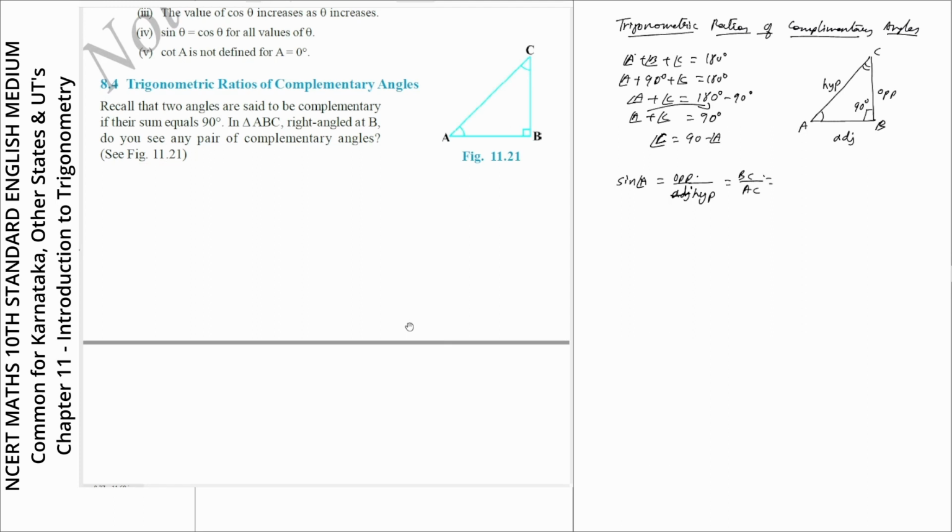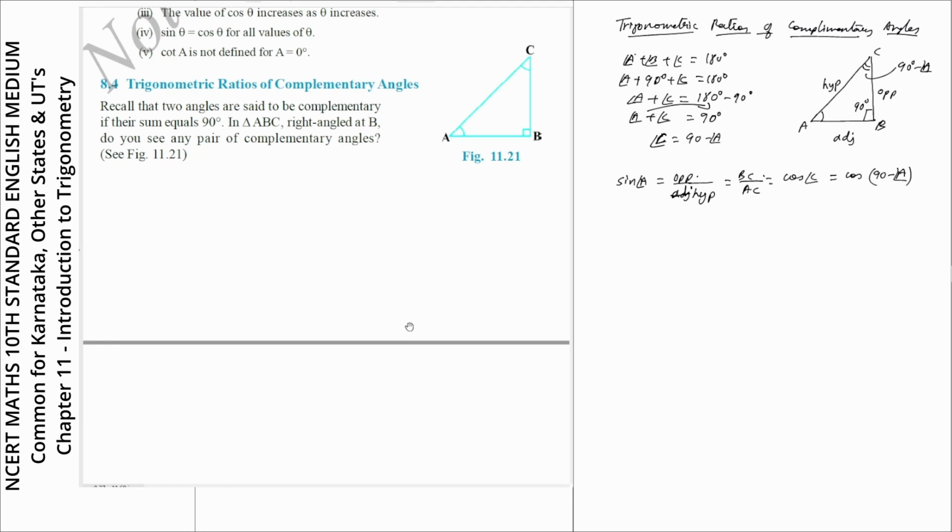So BC by AC is also equal to cos of C. With respect to angle C, BC by AC is cos of angle C. So sin A is cos of 90 minus angle A.